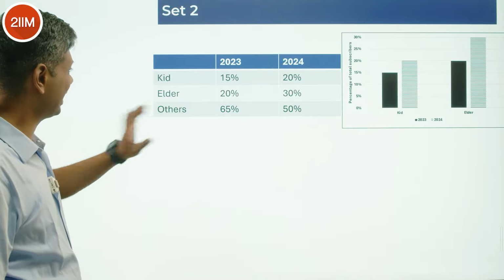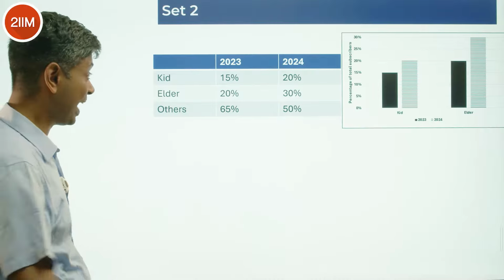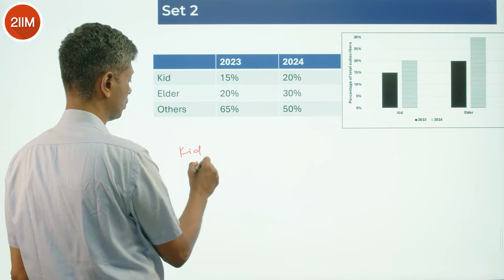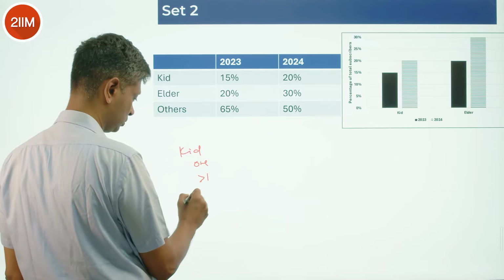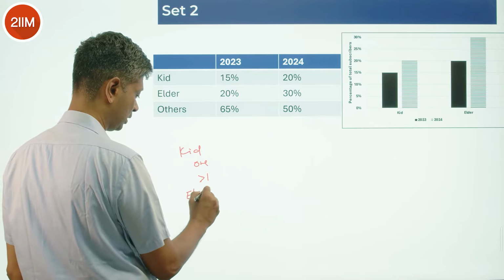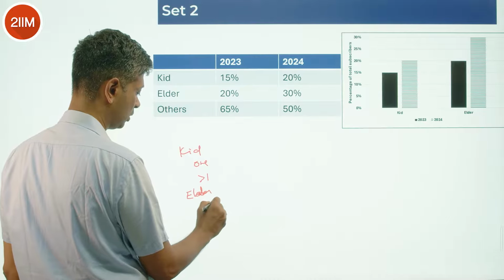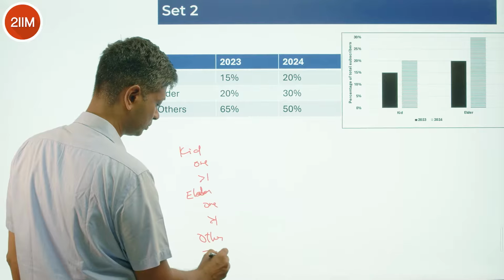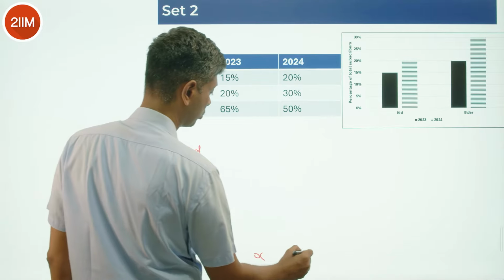So kid, elder, others for 23 and 24. But we're going to add layers to this. We're going to say, hey, kid: one app, more than one. Elder: one app, more than one. Others and total. Total will be X and 1.1X.